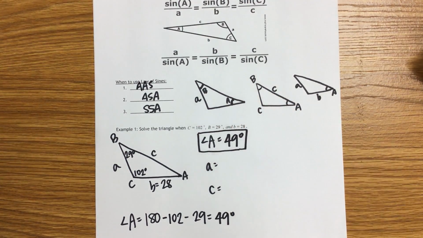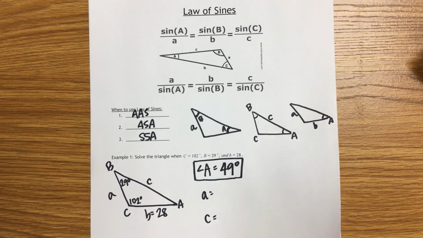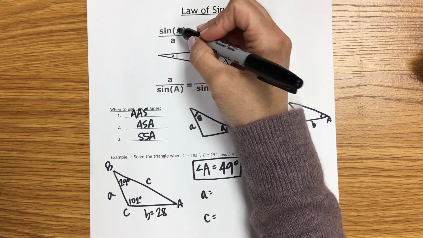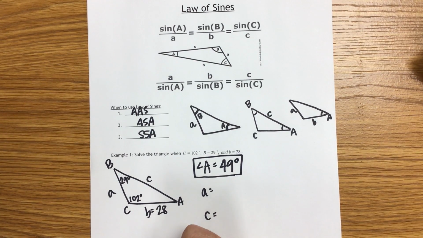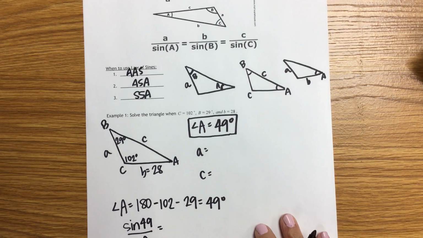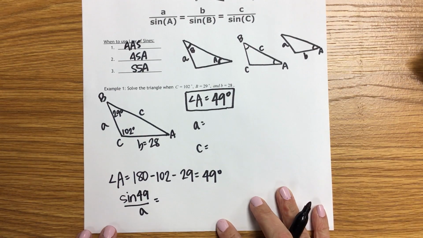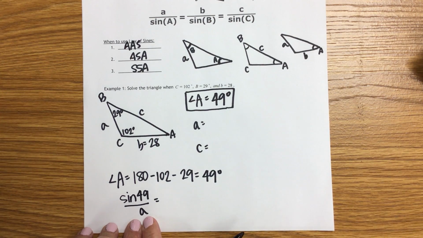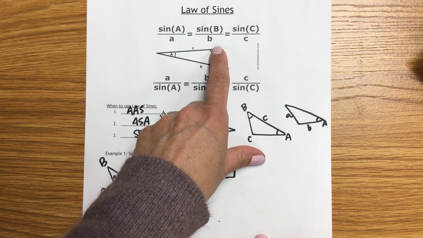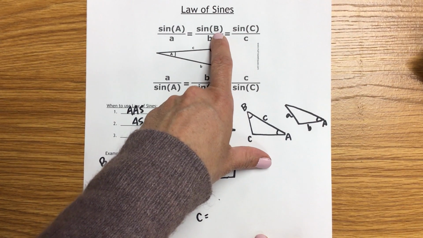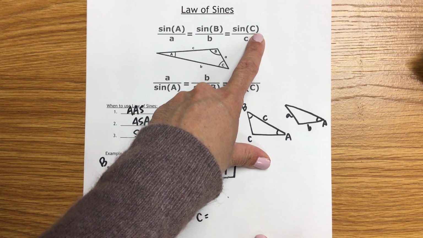Now I'll go for side A, and if I'm looking for side A, I'll want to use this fraction first. So I'll want to do sine of angle A, so sine of 49 over side A, and then I'll want to set this equal to one of the other fractions. I want to know big B and little b if I'm going to use it, or I want to know big C and little c.